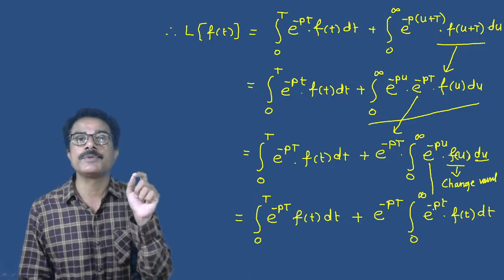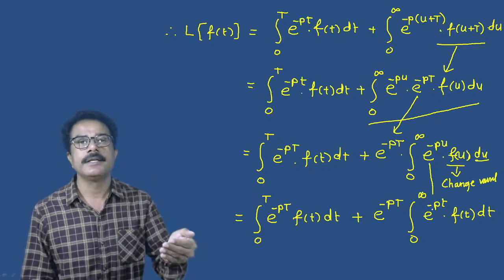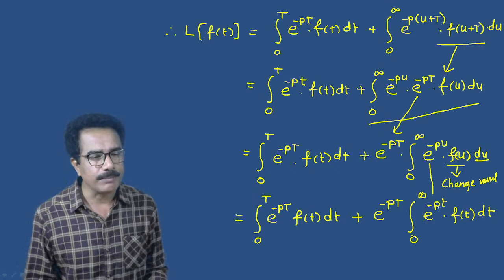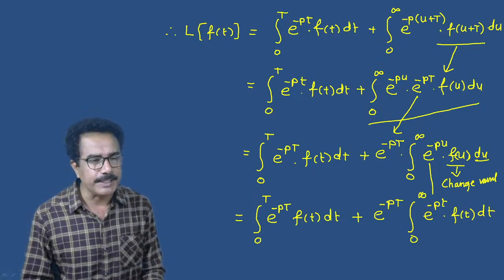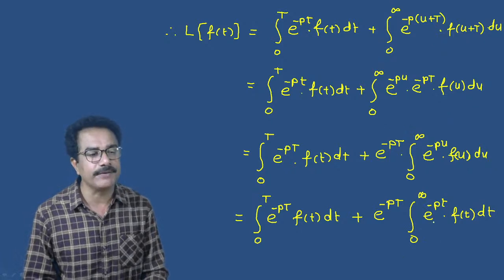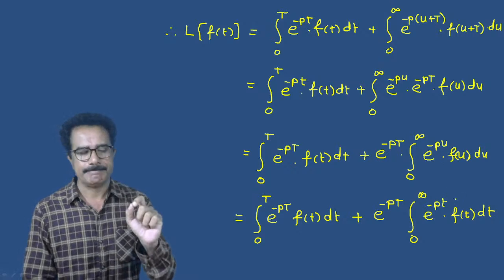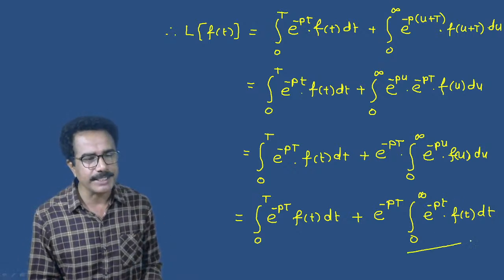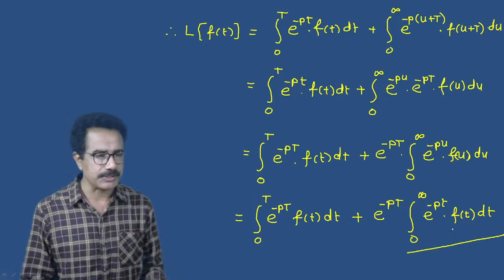This is not a substitution, we are only changing the variable in the integration. So e raised to minus pt f of t dt. After changing the variable, in place of u we put t. Therefore this will be the new integral, after using the period of the function.